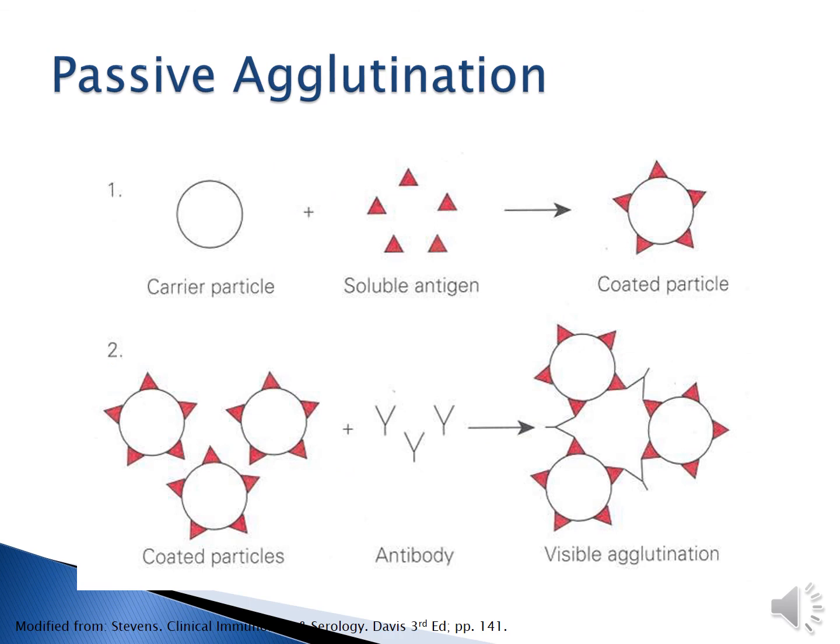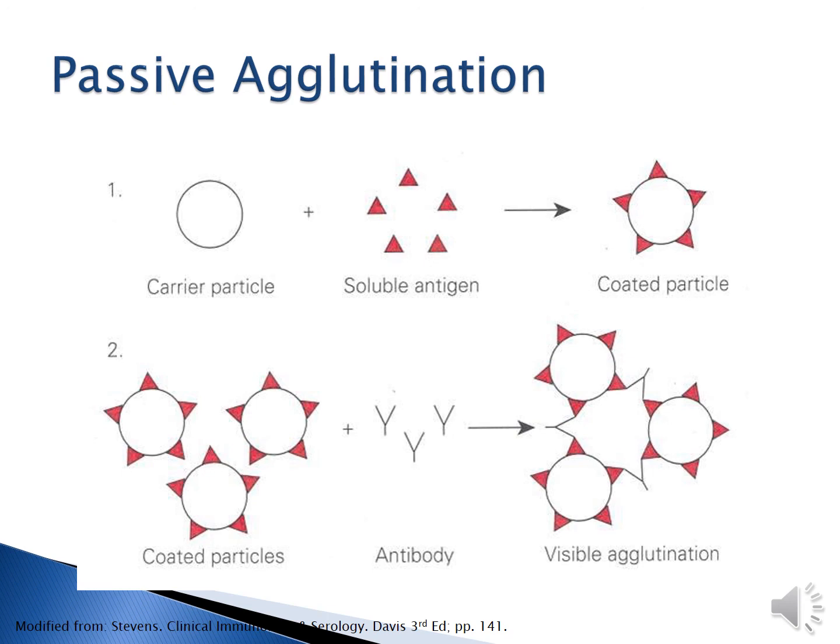So here are the steps in passive agglutination. Remember, we start out with a carrier particle. It could be a latex bead, an RBC, synthetic beads, etc. Then we add our known antigen, and this known antigen will bind with the carrier particle, so then we'll have our coated particle.